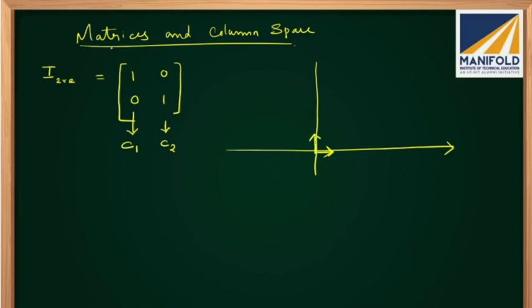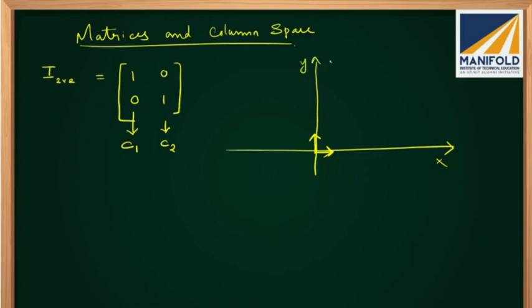So once you see this matrix, if these two vectors can be pictured, then you can understand that a combination of these two columns can take you to any point in this xy plane.